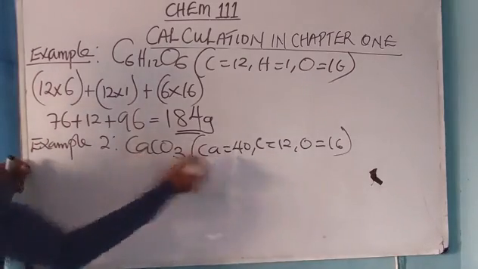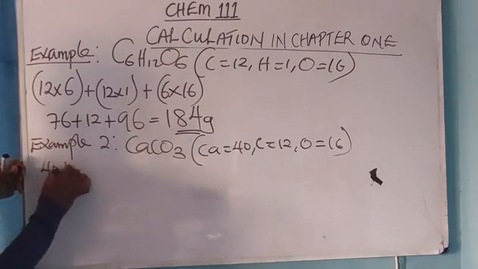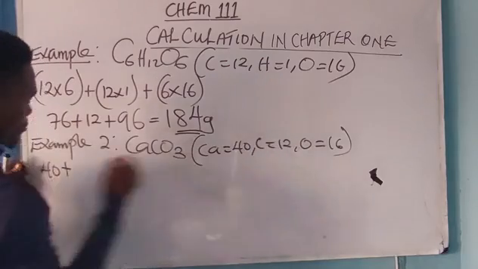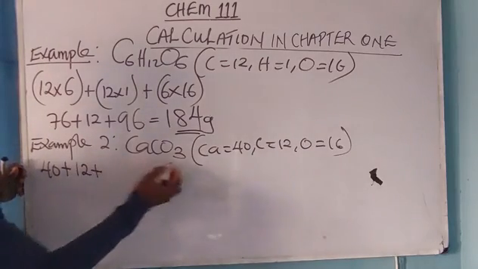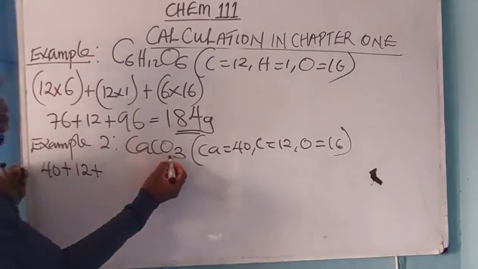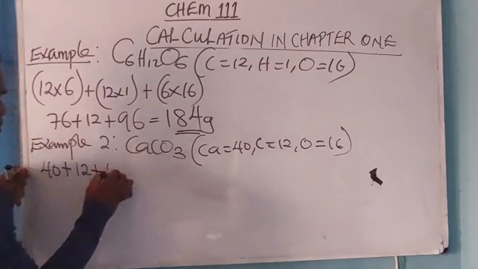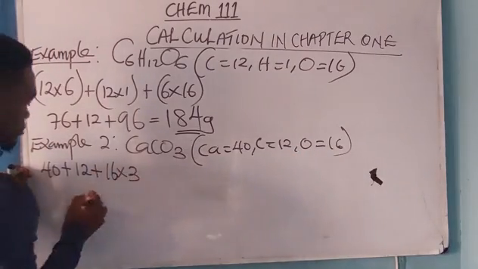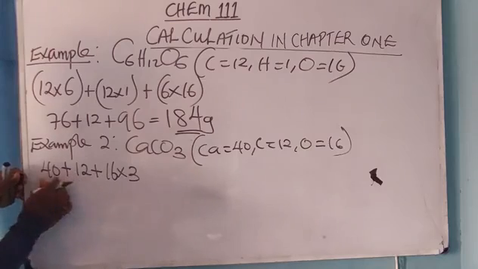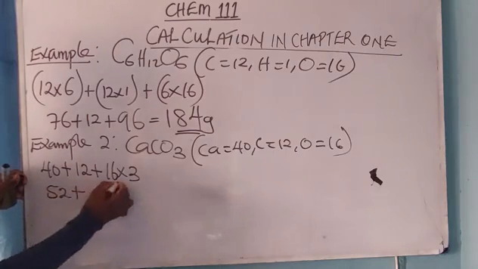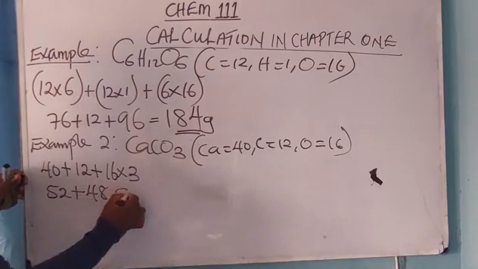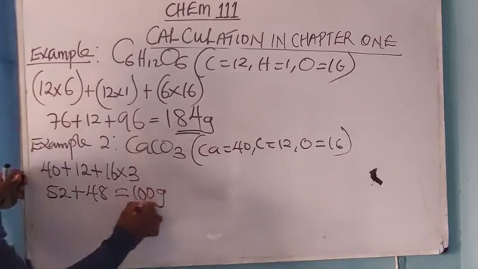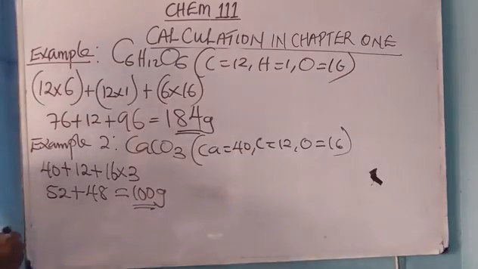Calcium is 40, plus carbon 12, plus oxygen, 3 times 16. 40 plus 12 is 52, plus 48, and that is 100 gram.